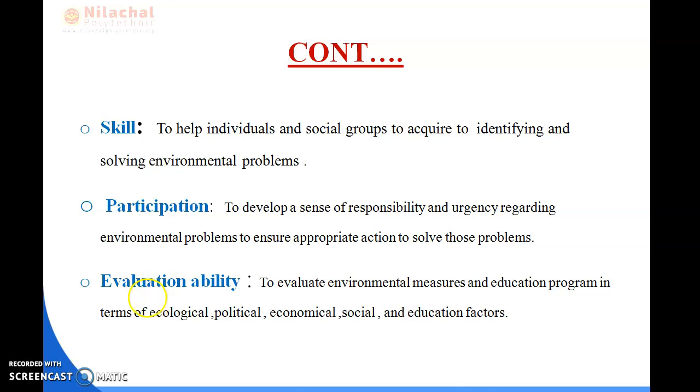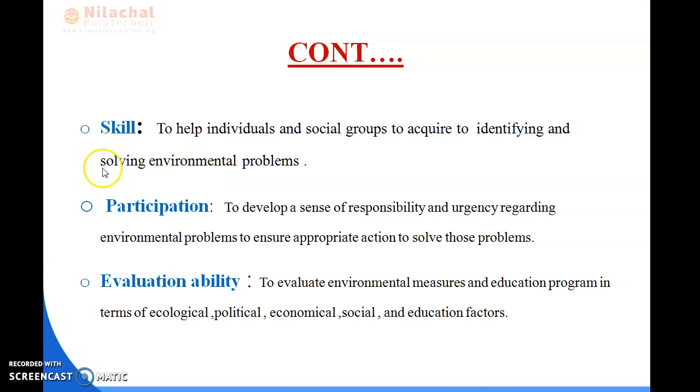Next one, skill. How can skill help? Skill helps individuals and social groups to acquire the ability to identify and solve environmental problems. Skill means ability. Whenever individuals and social groups have the skill or ability to identify what problems are created in the environment, then the solution can be created.